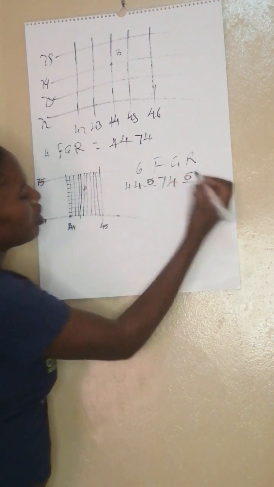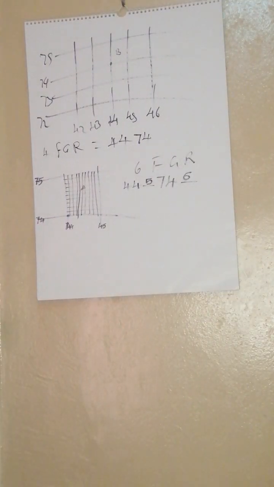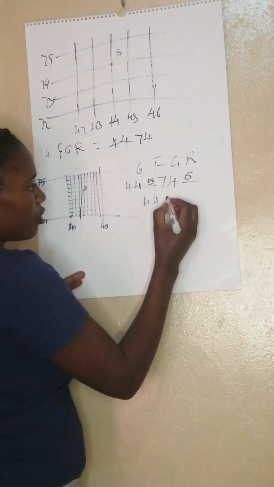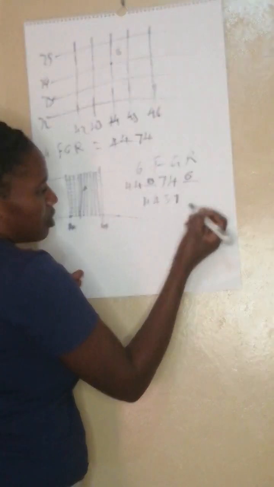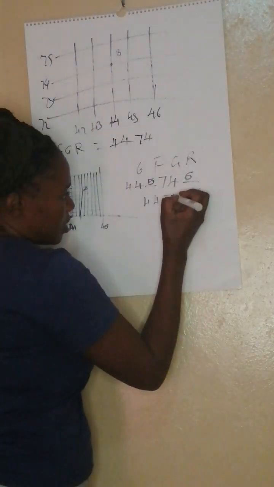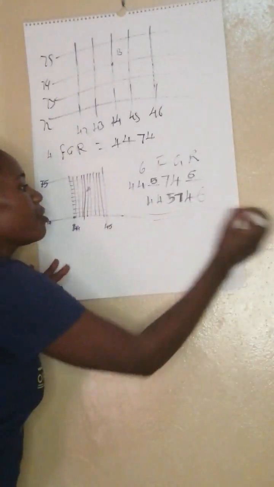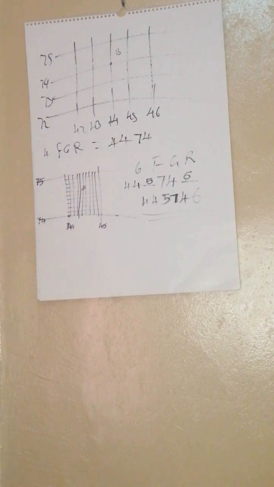So my 6-figure grid reference for point B is 445 746. As simple as that.